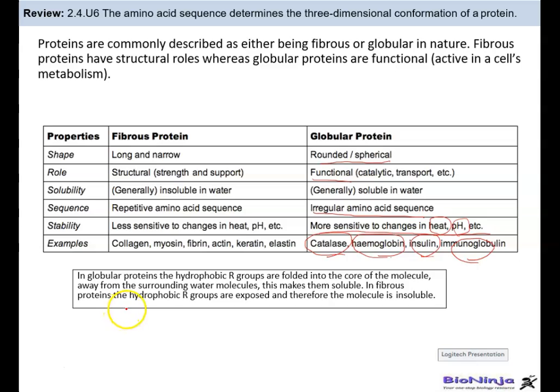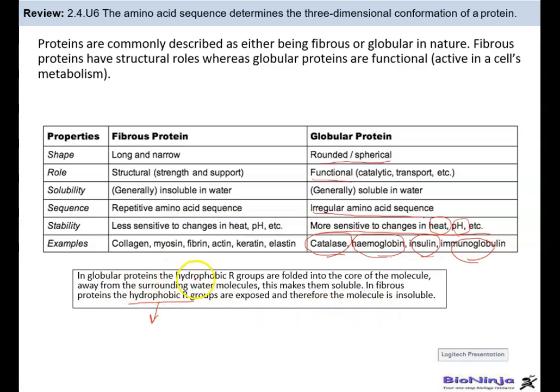In fibrous proteins, the hydrophobic R groups are exposed, and therefore the molecule is insoluble. Do you remember what hydrophobe means? It means they don't like water. So once these R groups are exposed, they don't like water, so they are not soluble in water.